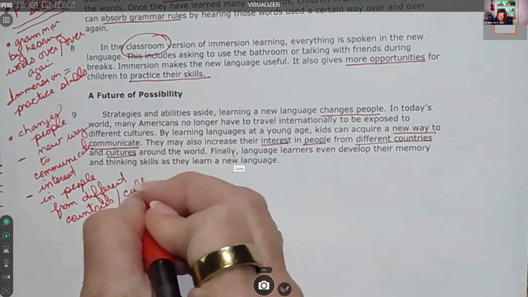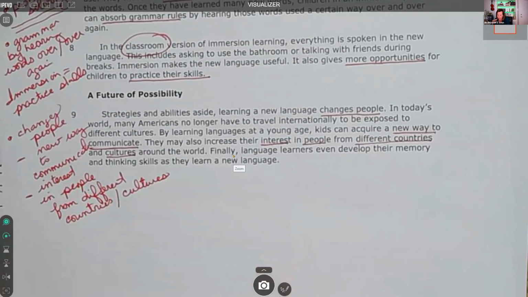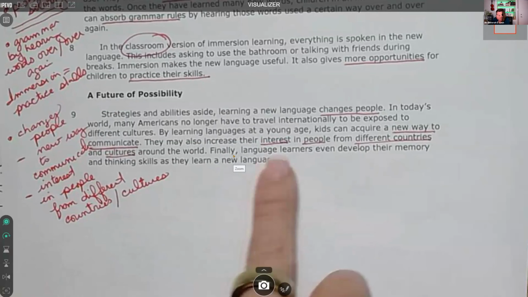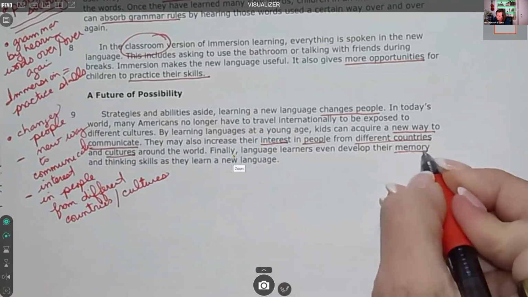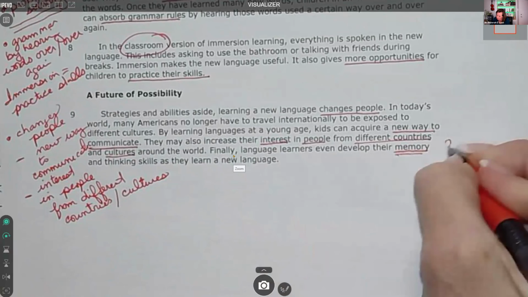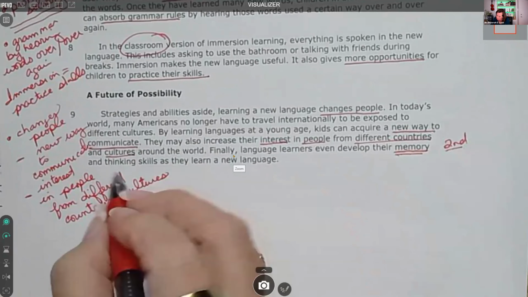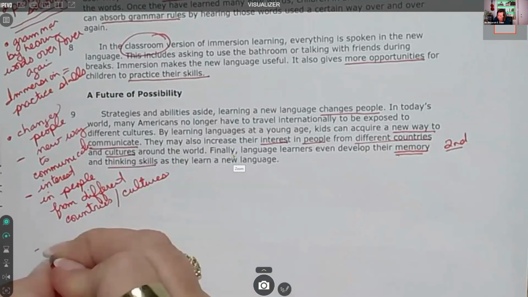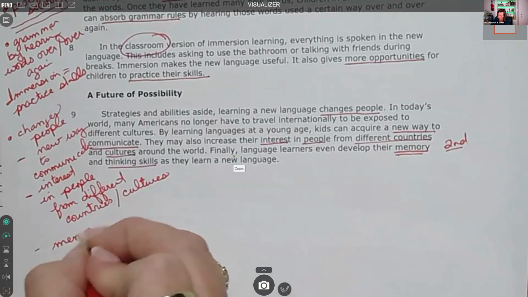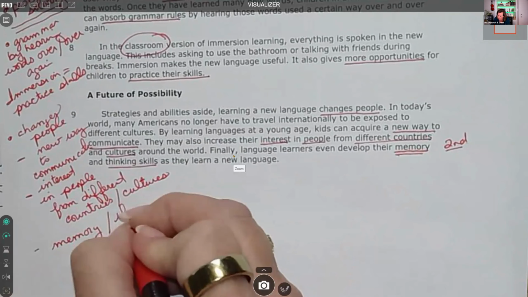Now, when I'm writing this, I'm also learning it, and so it's kind of cementing, if you will, in my head, in my subconscious. Finally, language learners even develop their memory. Oh, there it is again. That's the second time we've heard about the memory and thinking skills as they learn a new language. So we've got memory and thinking skills.